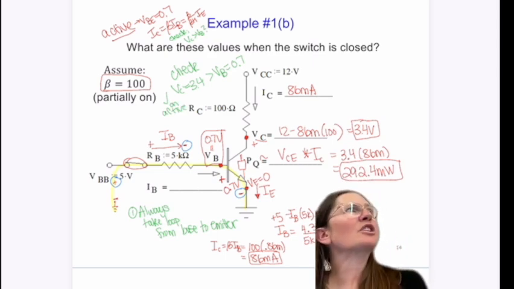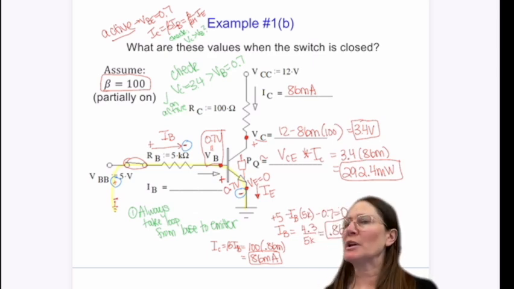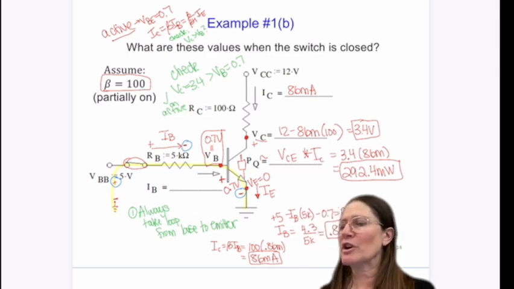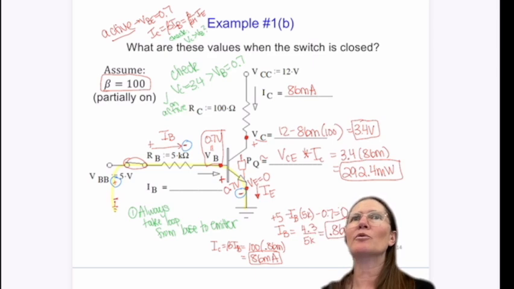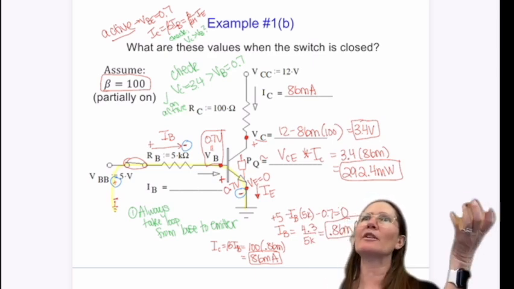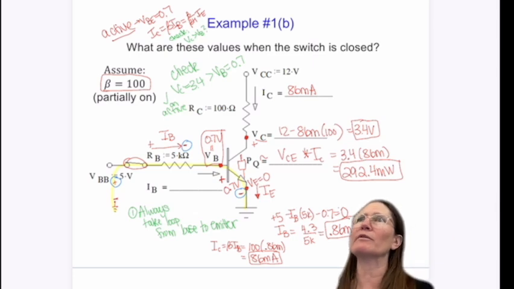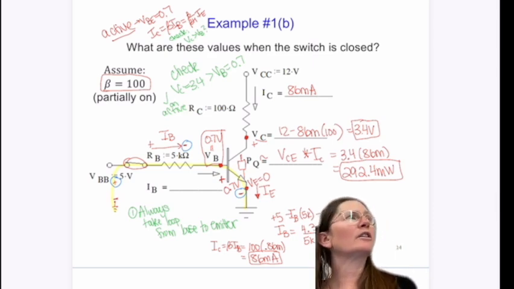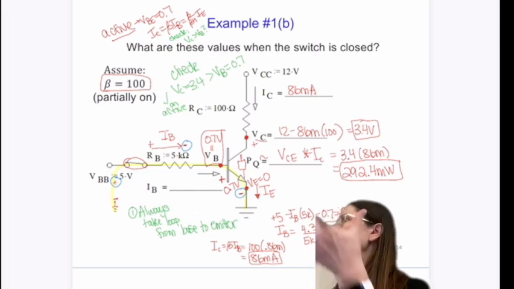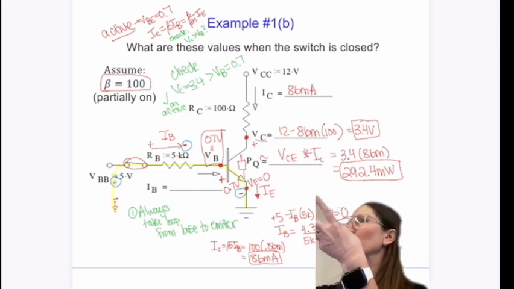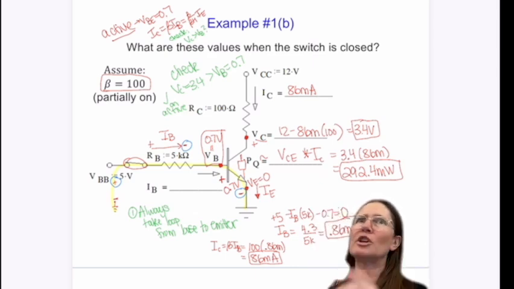So sometimes you may check this and be like, well, it's on, but my base voltage is greater than my collector. So that would be where you would assume then it's in saturation and go through the methods of solving for saturation. So unlike the diode only has on or off, this one will have the 3 different modes. So you do need to make sure you're checking for each of those.